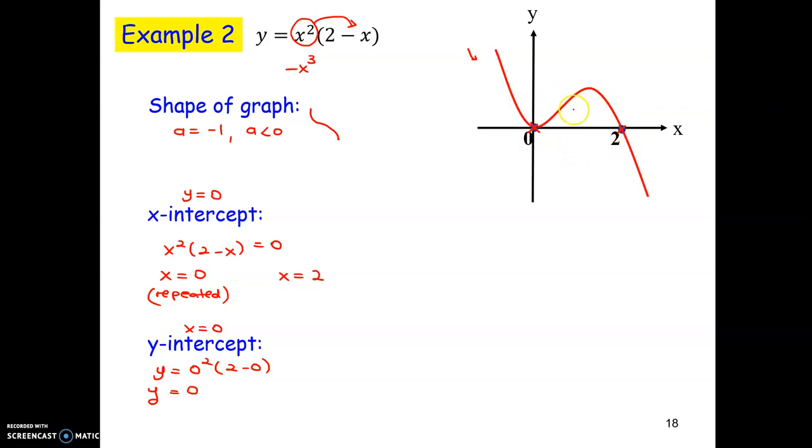So this is basically how the graph looks like. We start from the left hand side, hitting 0, and then we have repeated at 0, so we must touch, so reflect back, cut at 2, and go down. So this is the graph for y equal to x squared times (2 minus x).